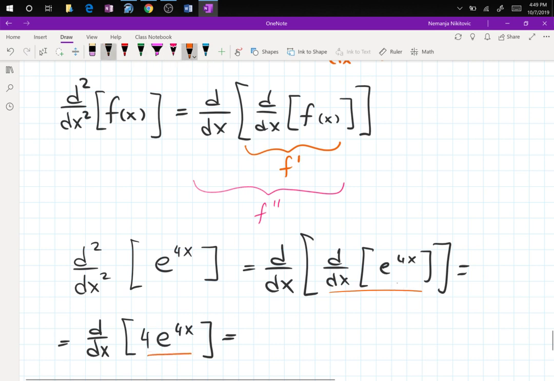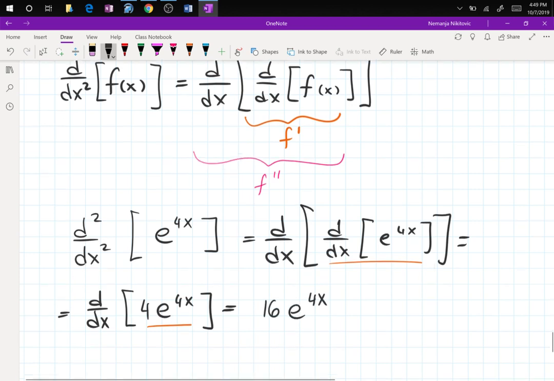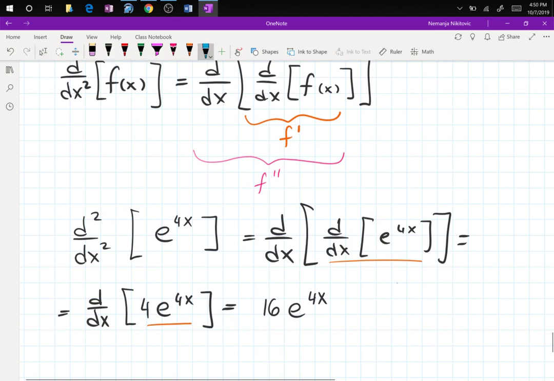And then we take the second derivative, which is another first derivative here, so that's going to be now 16e to the 4x, and that's going to be the green. Let's use the green. So that's everything.